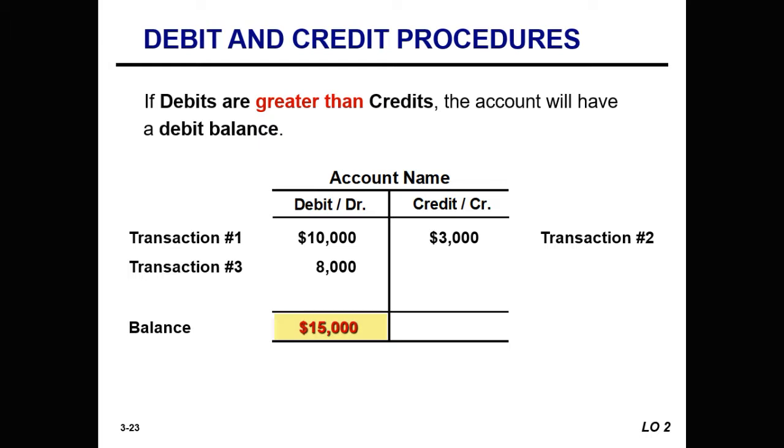So in this case, we have $18,000 in debits and $3,000 in credits. The total is greater on the left, so it has a debit balance. And that debit balance is the difference between the left and the right side total.